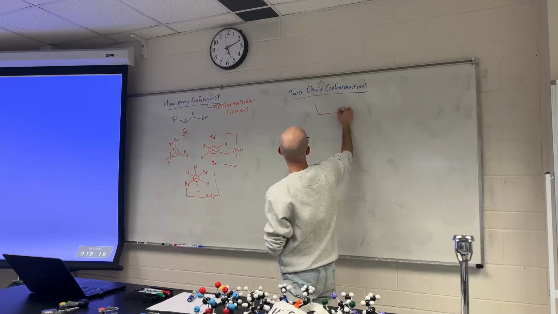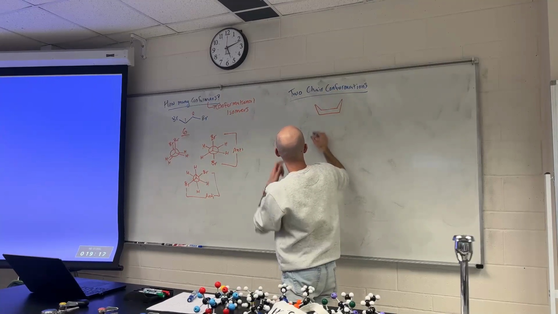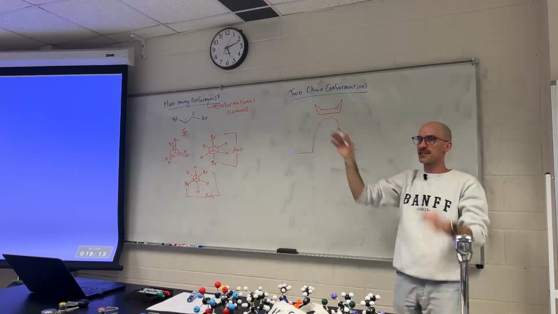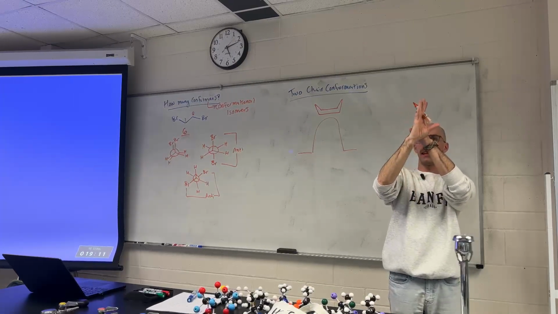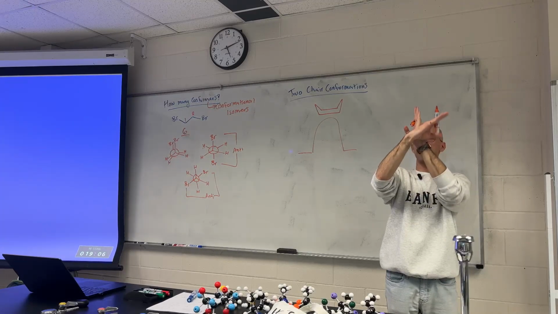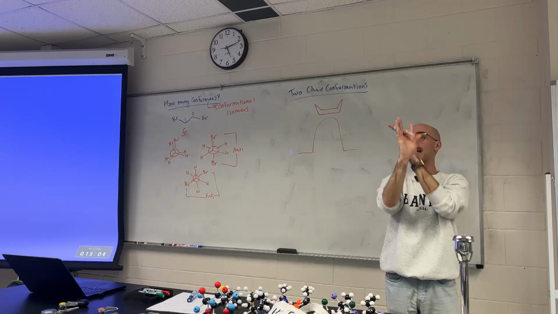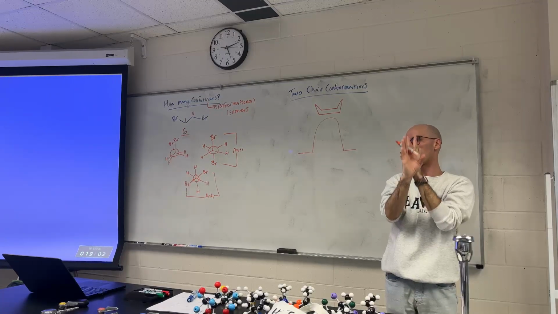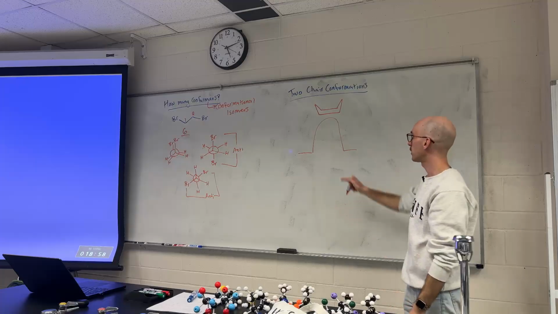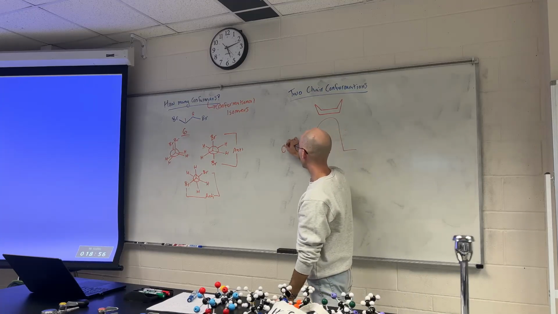And we call it boat because it really does look a bit like a boat. But that is a transition state, much like the eclipsed conformations for our linear chains. That's just a transition state. If a molecule can get to that energy in that conformation, then it will fall down to a lower energy conformation. And we're limited to 2 chairs.